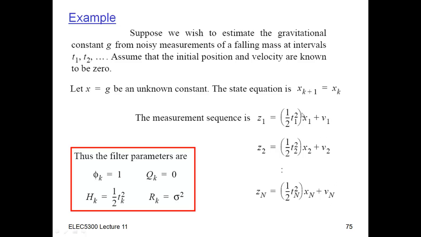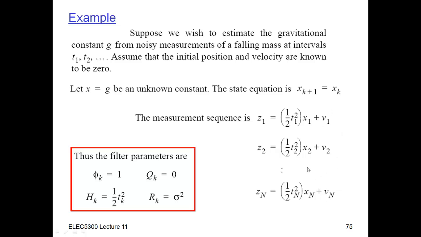So if I look at this and formulate this in the Kalman filter framework, what I have is, well, the state transition matrix is just 1, right? So this is the state transition matrix. There's no noise driving this, right? So Q is 0. The R_k here is just a sequence of white noise.